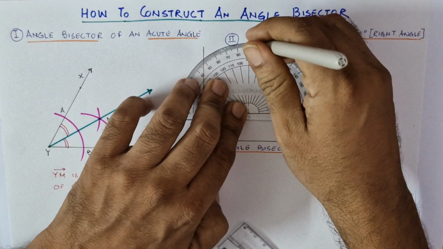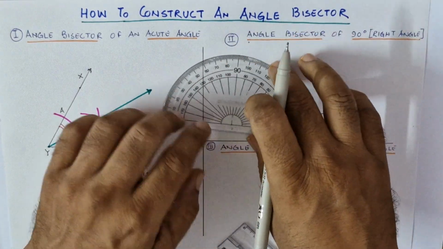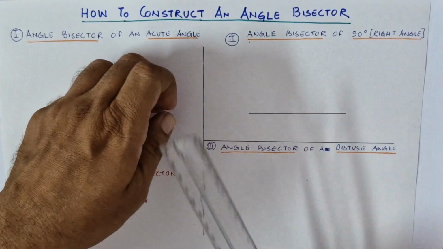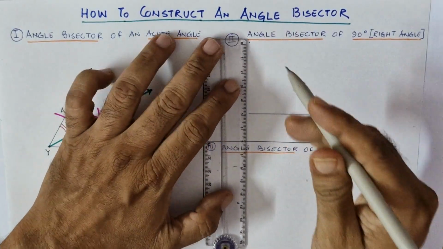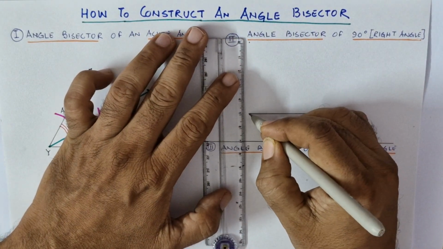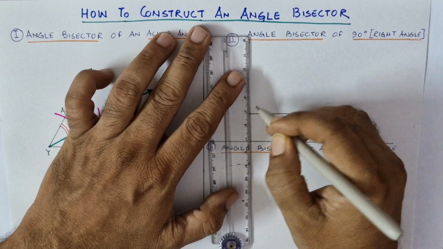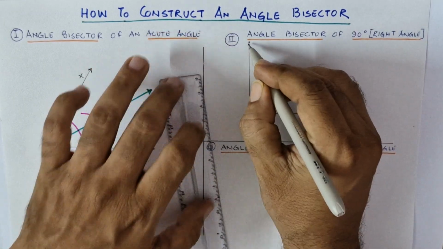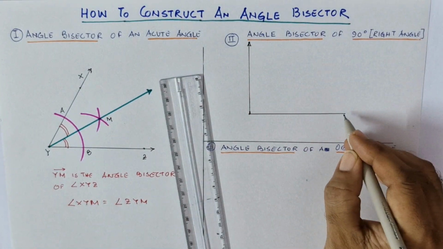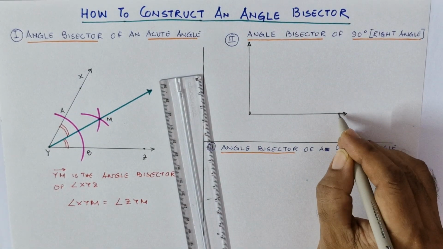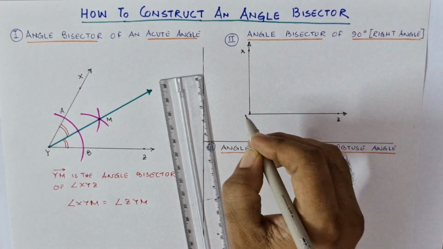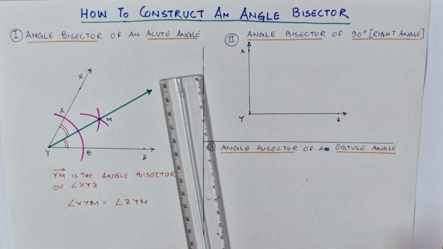Later on we'll see how to draw a few angles without a protractor but using only a compass. So we'll take this point and this point, and this one is now 90 degree. So again, let's call this Z, this X, and this Y.